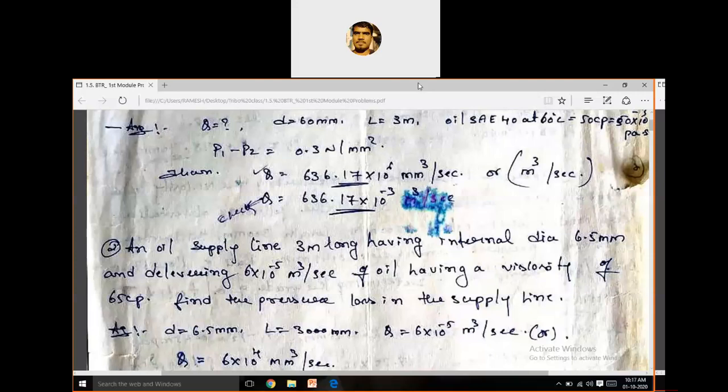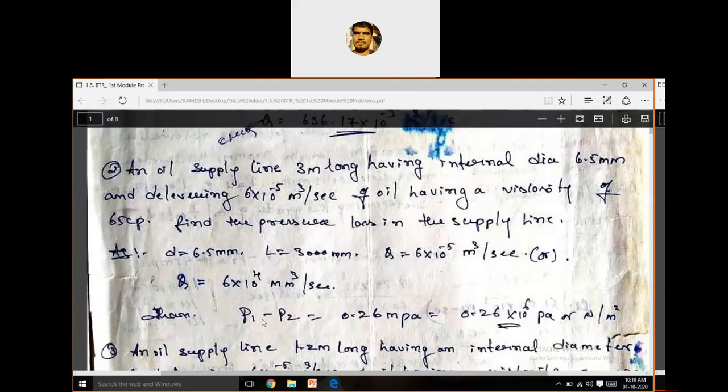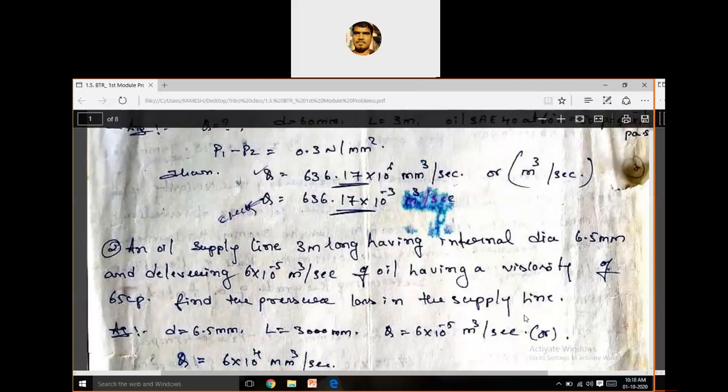Then length 3 meter, then flow rate 6 into 10 raised to minus 5 meter cube per second, and mu value 65 centipoise, so 65 into 10 raised to minus 3 Pascal second. I have to find the pressure difference. Again use the same equation.